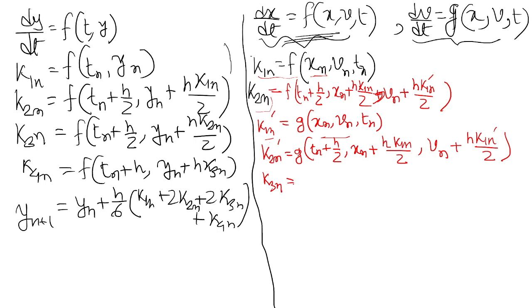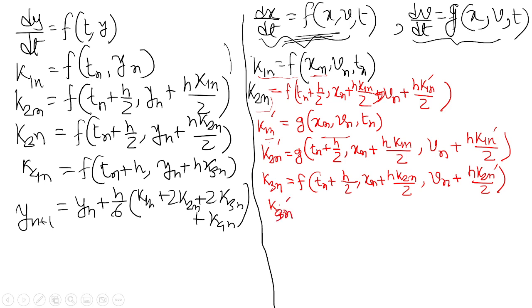So k3n will be f of tn plus h by 2, xn plus h k2n by 2, vn plus h k2n prime by 2, and k3n prime will be equal to g.